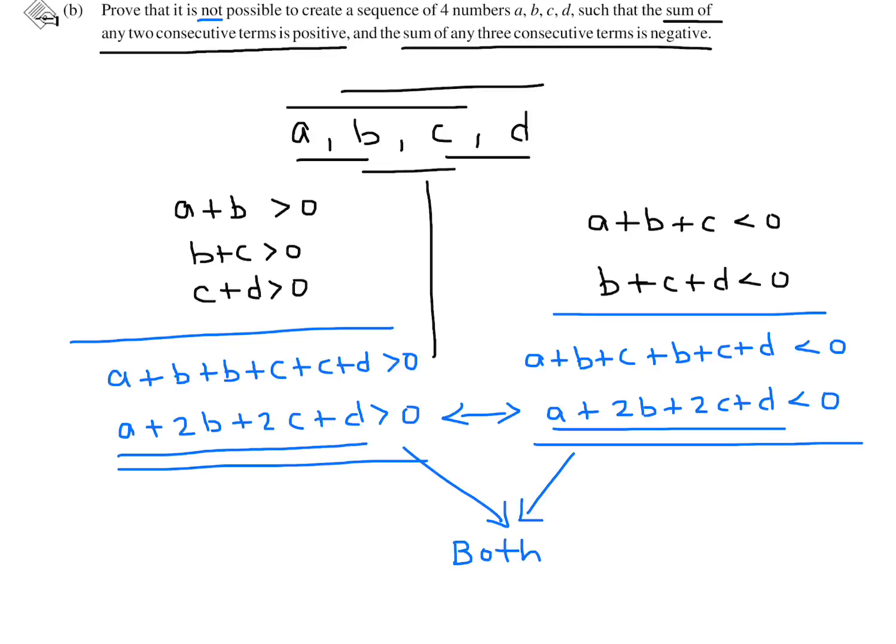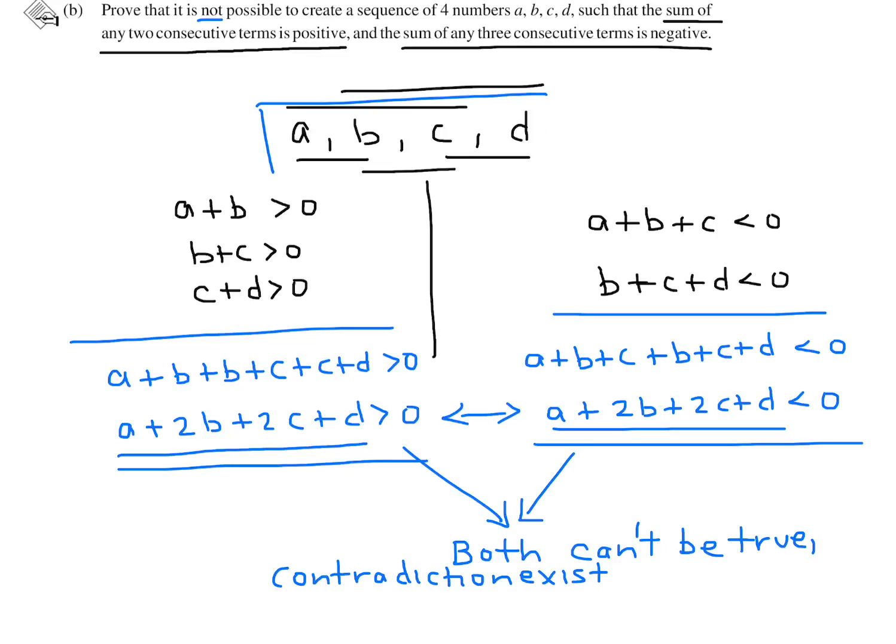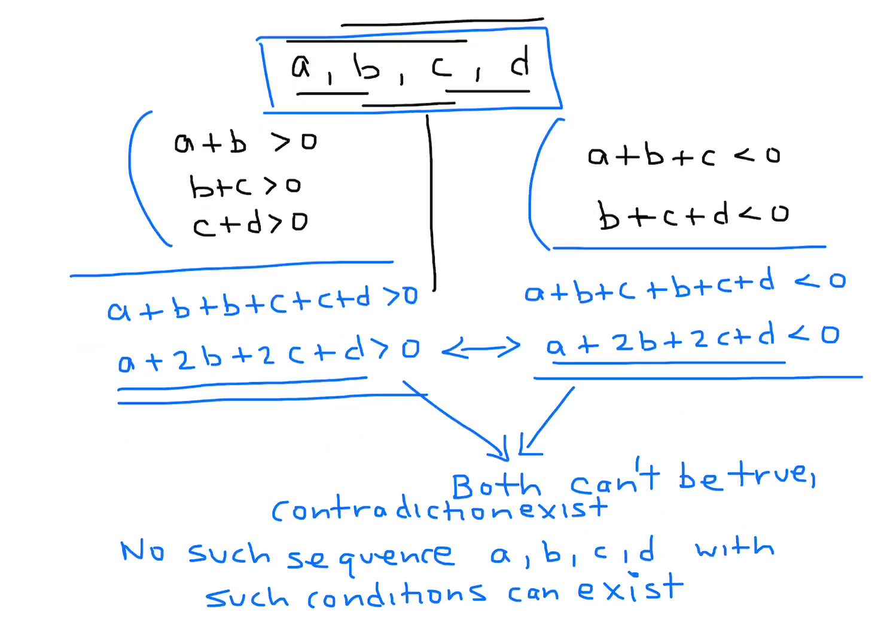Both can't be true. And therefore, a contradiction exists. So since we have a contradiction, that means that no such sequence a, b, c, d that meets these conditions can exist. And there you have it. We've proven by contradiction.